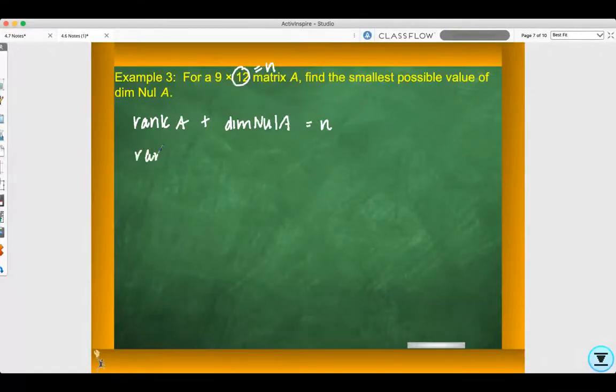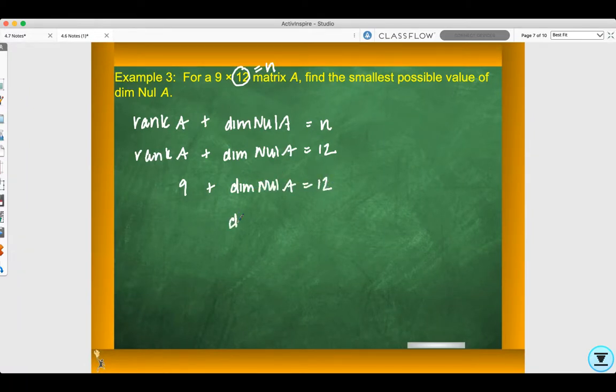The maximum value that rank A can be is 9, because that's the maximum number of pivot columns that our matrix could have. So 9 plus the dimension of Null A equals 12. Subtract 9 from both sides, and you get the dimension of Null A equals 3. So the smallest possible value of the dimension of Null A would be 3.